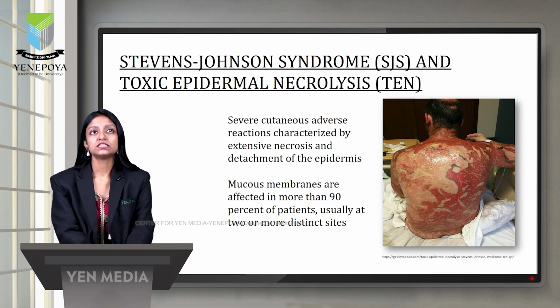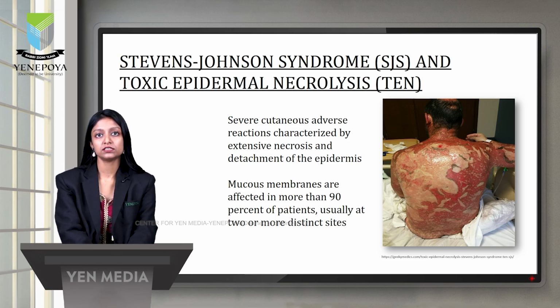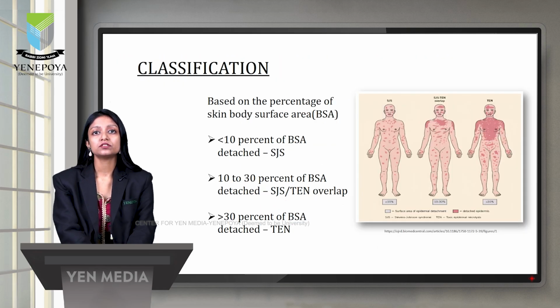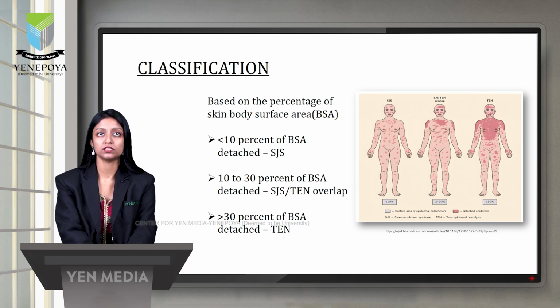So, what is Stevens-Johnson syndrome actually? It is a rare disorder of the skin and the mucous membrane, where there is severe detachment of the epithelial tissue of skin and mucous membrane. Depending on what percentage of body surface area, commonly known as BSA, is involved, we classify it as either Stevens-Johnson syndrome or toxic epidermal necrolysis.